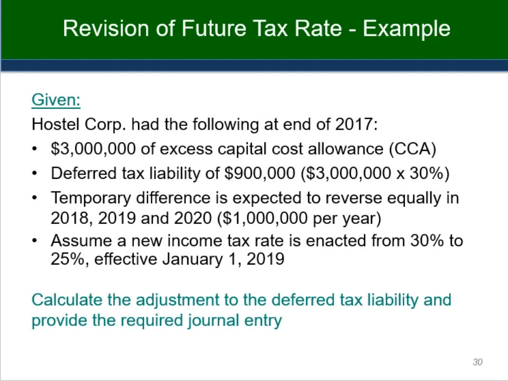And we're going to assume that a new tax rate is enacted going from 30% to 25% effective January 1st, 2019. So that's actually better for us because we thought we were going to have to pay 30% tax. Now we're only going to have to pay 25% tax. So we're going to calculate the adjustment to the deferred tax liability and provide the required journal entry.